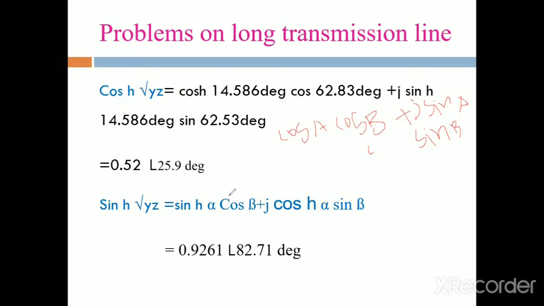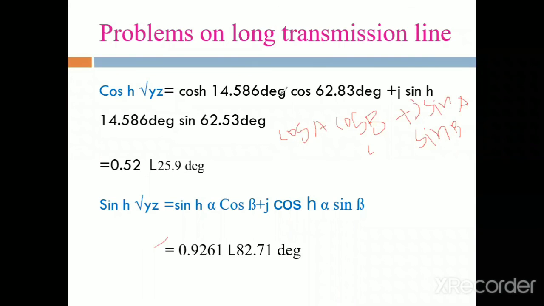Then substitute the values that we already calculated in the previous slides, and we find the overall answer, that is 0.9261 at an angle of 82.71 degrees. These are the values for sinh root of yz and cosh root of yz.